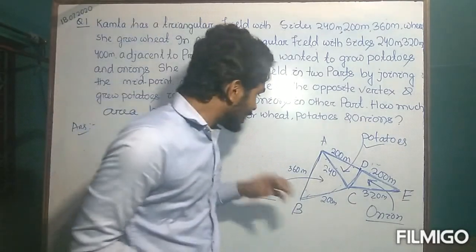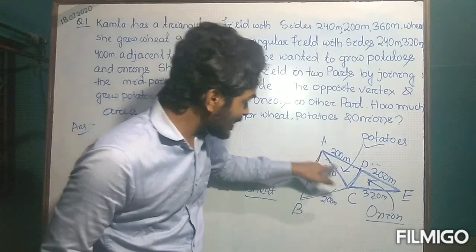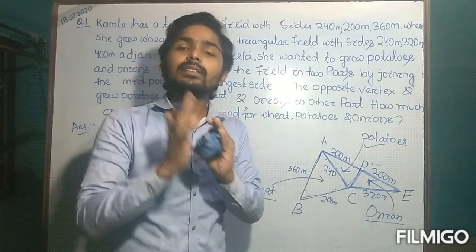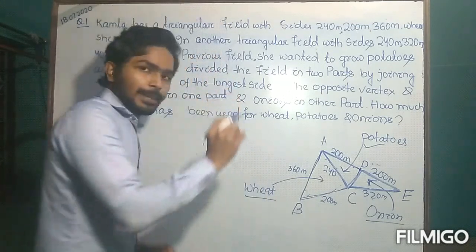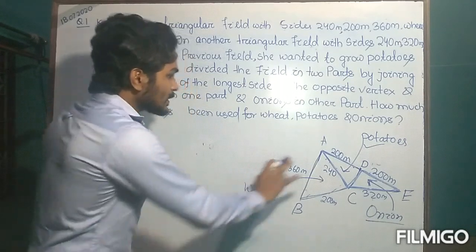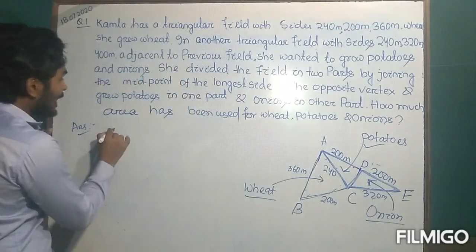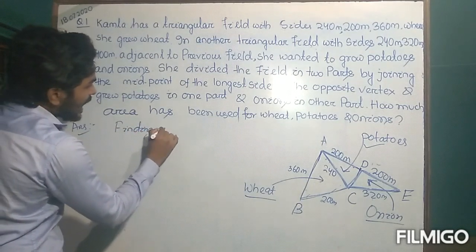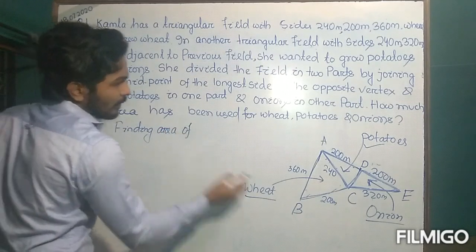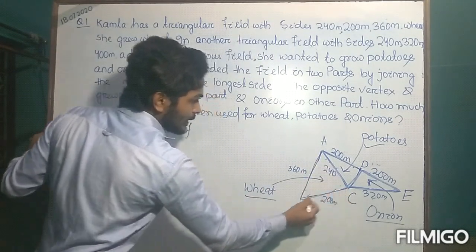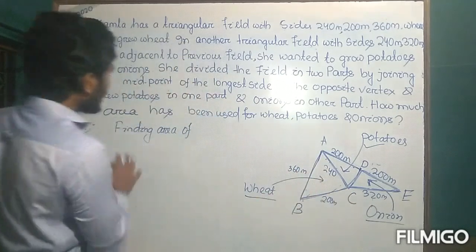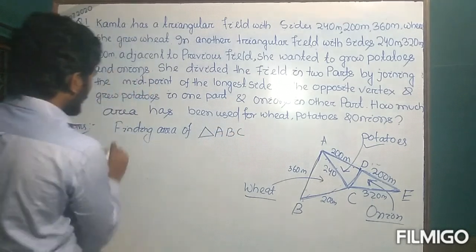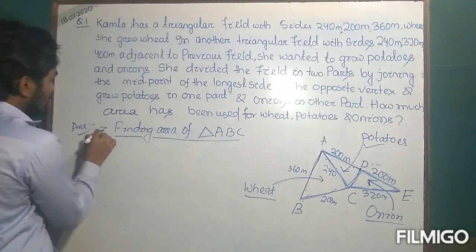In order to find the area of the triangular field, you need the lengths of the sides. First we will find the area of triangle ABC. Okay, so this is our first target.